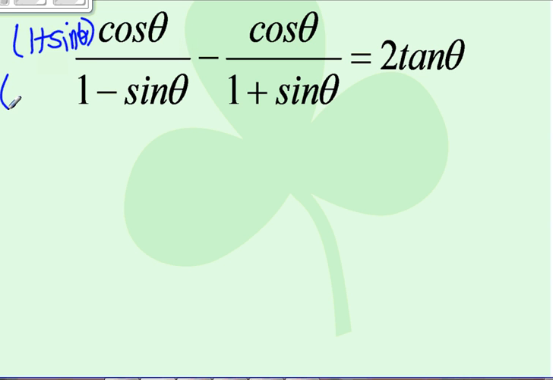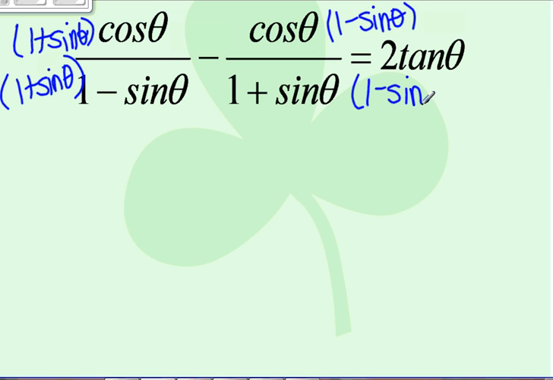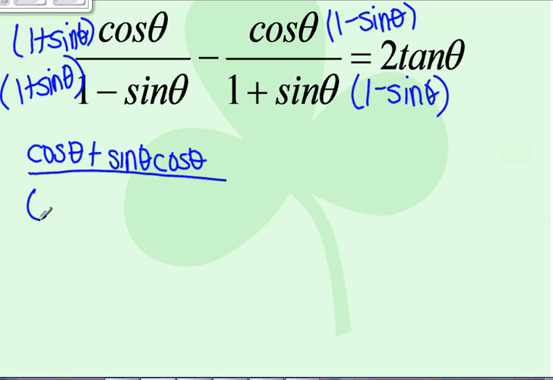theta on the top and the bottom, and the right side by 1 minus sine theta. All right, so in the top there on the left, I'm going to have cosine theta plus sine theta cosine theta all over 1 minus sine theta times 1 plus sine theta.